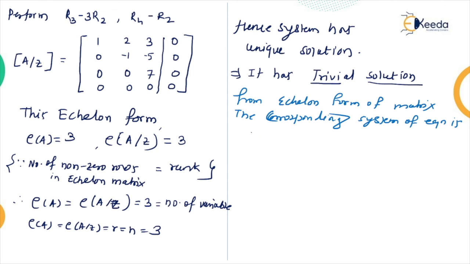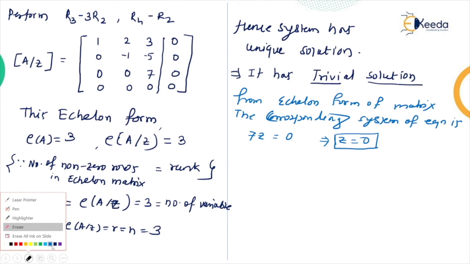First, 7z is equal to 0, that implies z is equal to 0. So first we get the value z is equal to 0. We don't need to calculate anything.